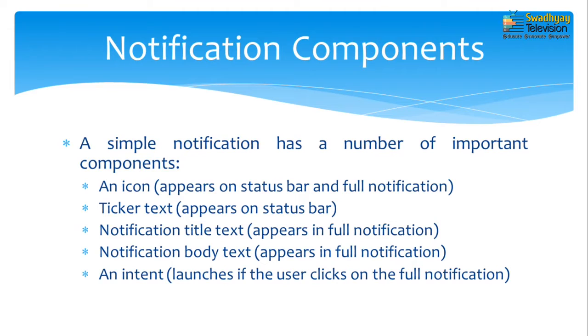Now, we discuss what are the components of a notification. As discussed earlier, a simple notification has a number of important components: an icon which appears on the status bar and in the full notification. Then we have ticker text which appears on the status bar, then the notification title text which also appears in the full notification, and there is a message or notification body text which also appears in the full notification.